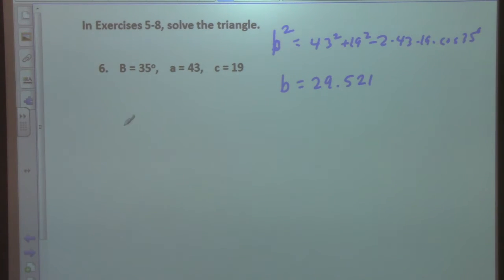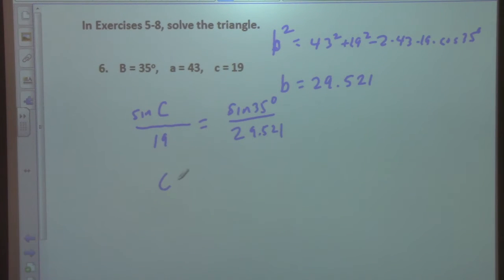But here, sine C over 19 is going to be equal to sine 35 over 29.521.